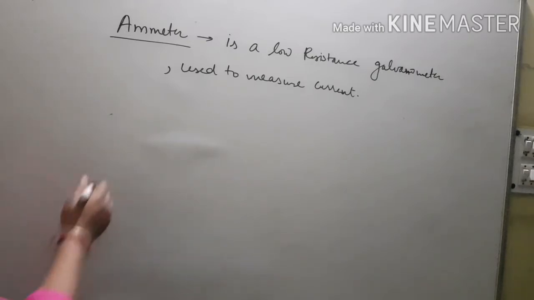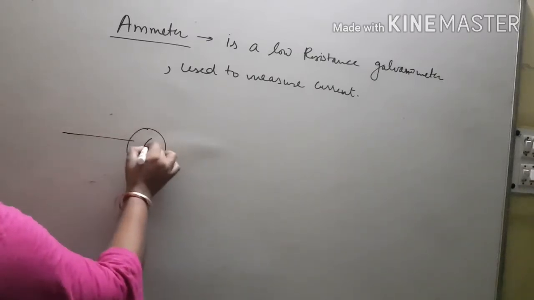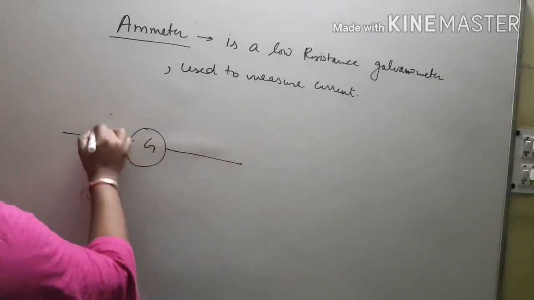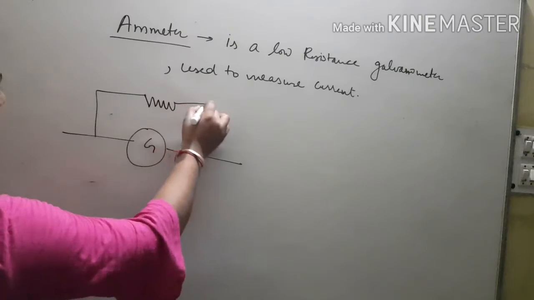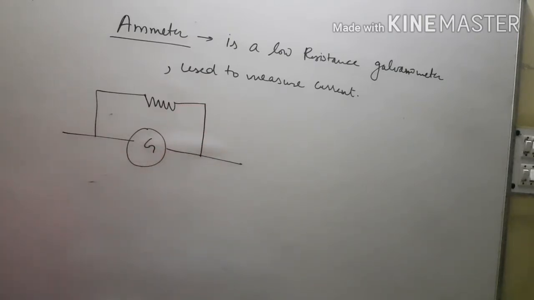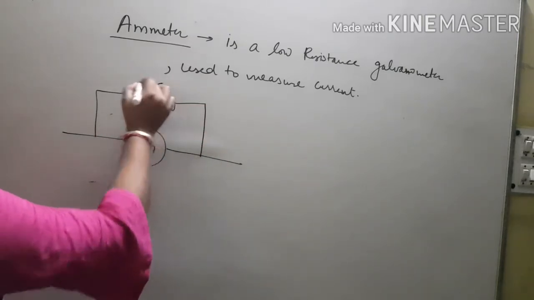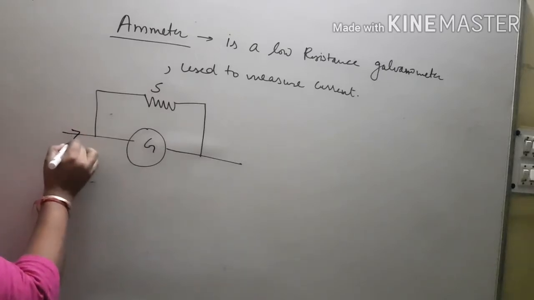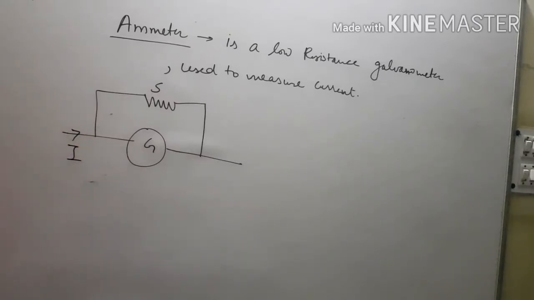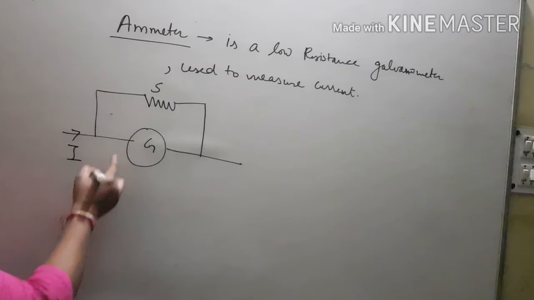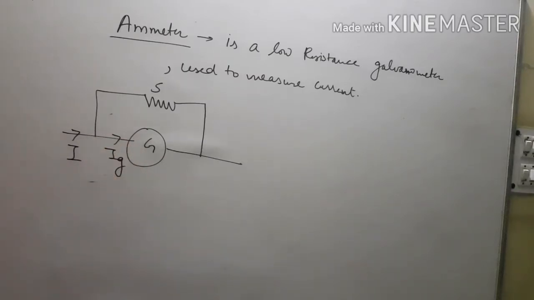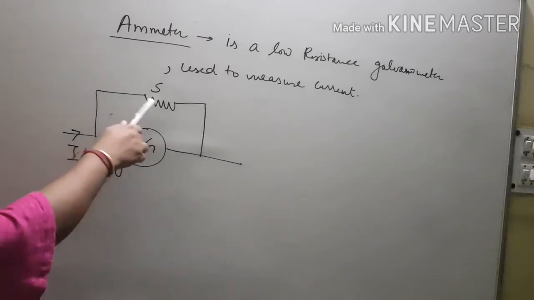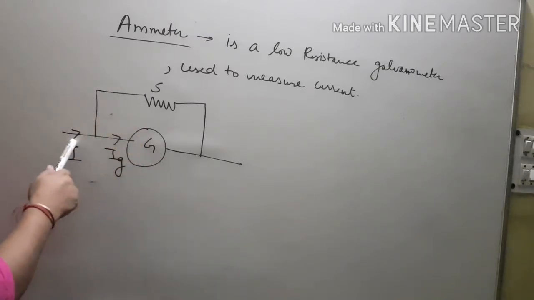So if we connect a low resistance across the galvanometer in parallel, that low resistance is called shunt. If total current across the circuit is I and Ig is flowing across the galvanometer, as is clear from the figure, the current goes along two paths, so it will divide.